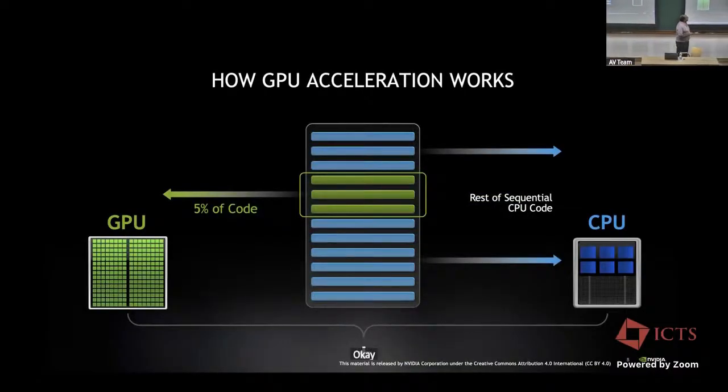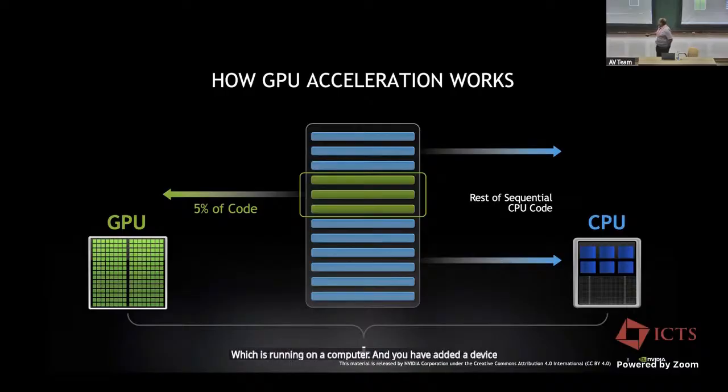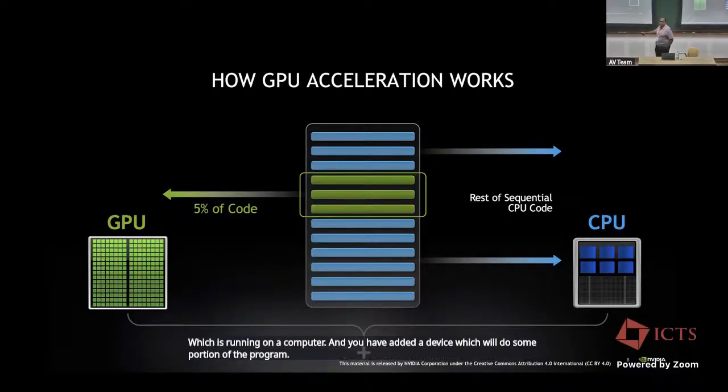Now there is a concept where you have a computer with a CPU system, and you put in another chip or something else, which is supposed to run some part of the program much faster. So you have this code running on a computer, and you have added a device which will do some portion of the program very fast.